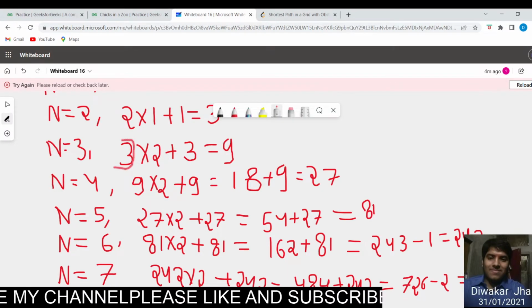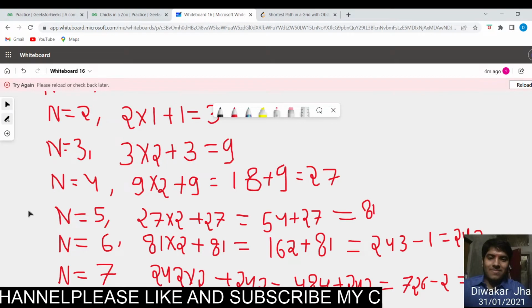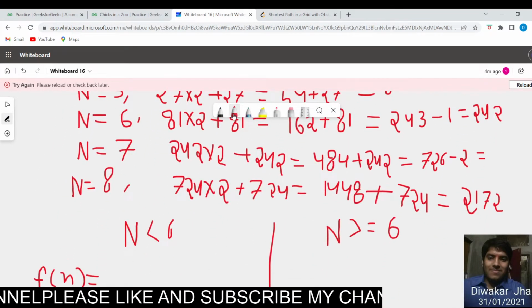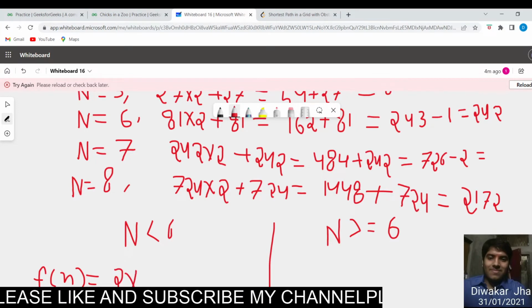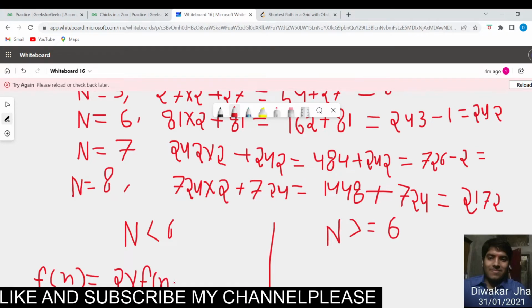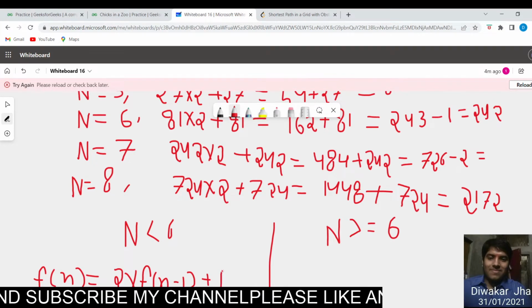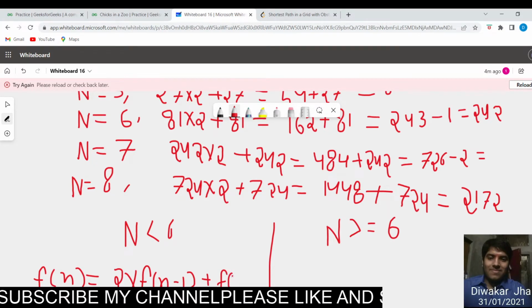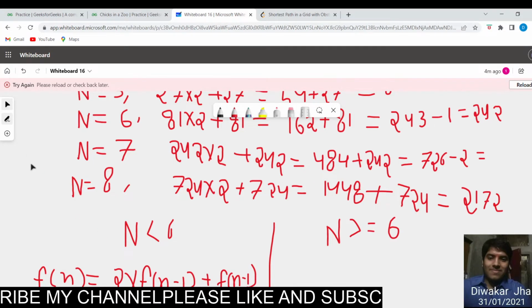So how do we code it? Multiply the previous value by 2, that is f n minus 1, and add the previous value. I hope you all understood.